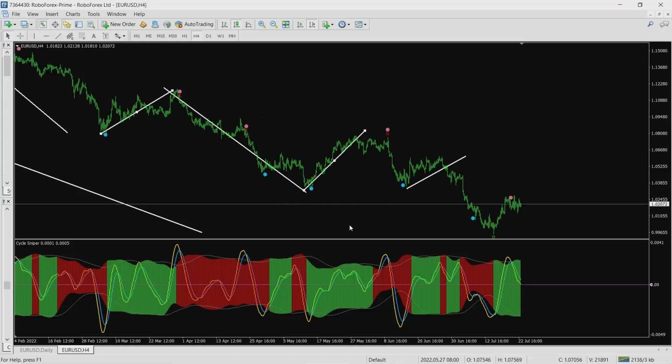Or some traders try to trade with the trend, wait for the retracement to complete, then sell again in the same direction with the trend.